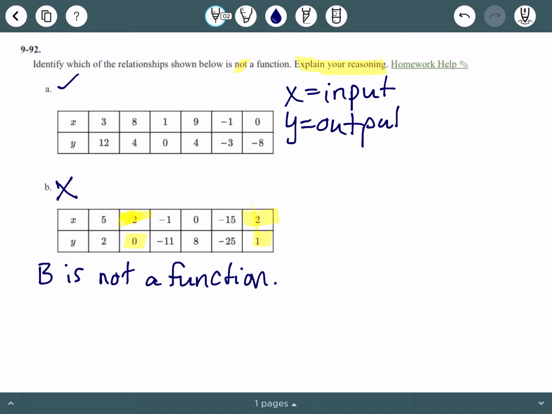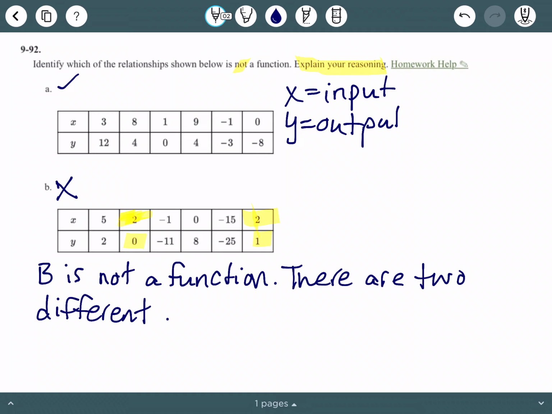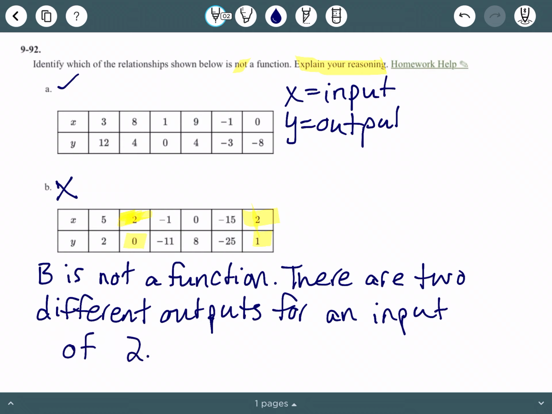And all we really need to say for this is that there are 2 different outputs for an input of 2. So again, B is not a function. That is all for 992.